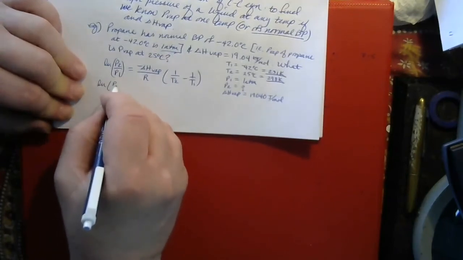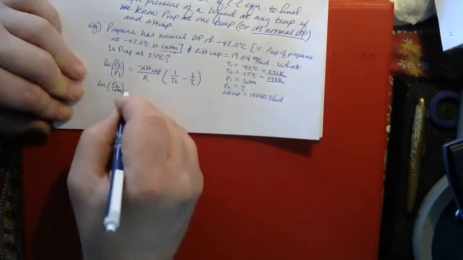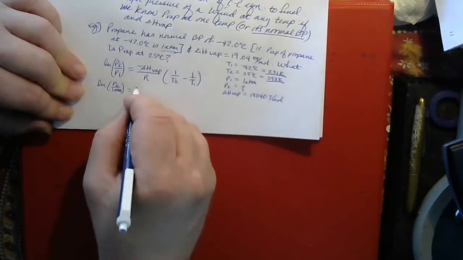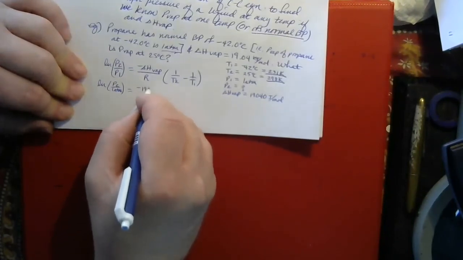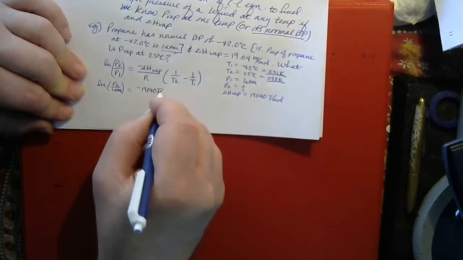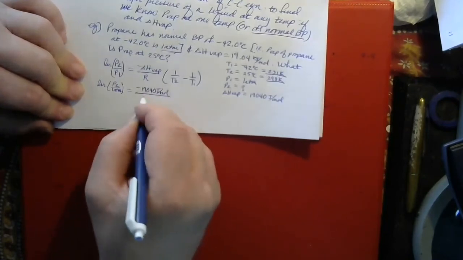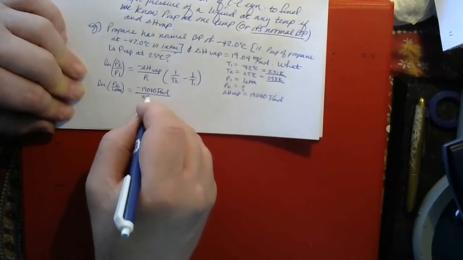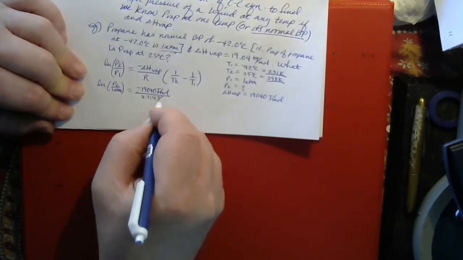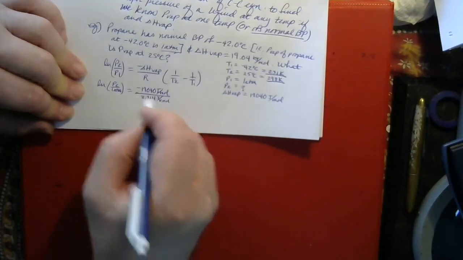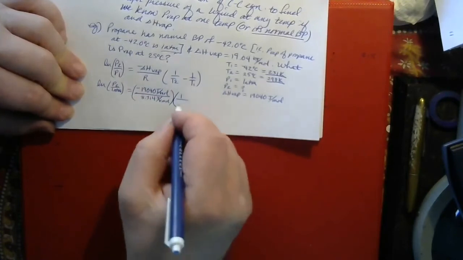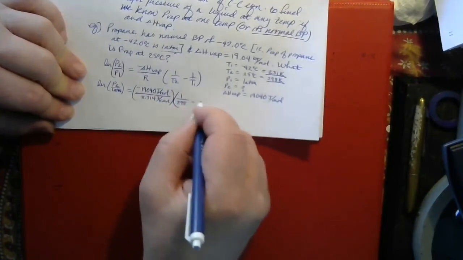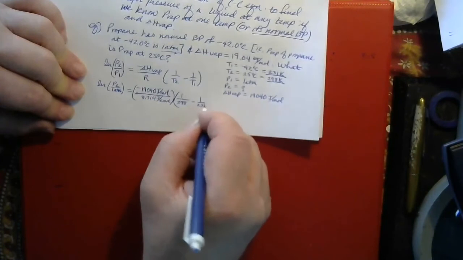So if we take natural log of P2 over 1 atmosphere, that's going to be the negative of the heat of vaporization, which is negative 19,040 joules per mole, and that's over R, 8.314 joules per K mole. And 1 over T2 is 1 over 298 minus 1 over 231.